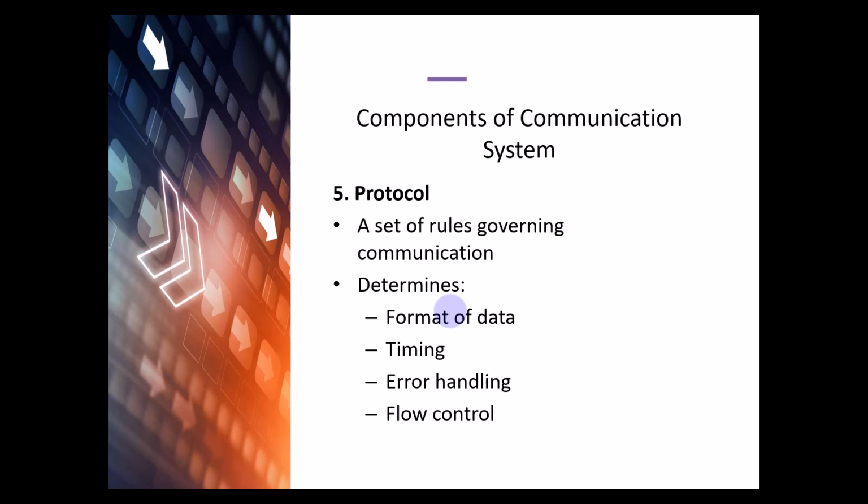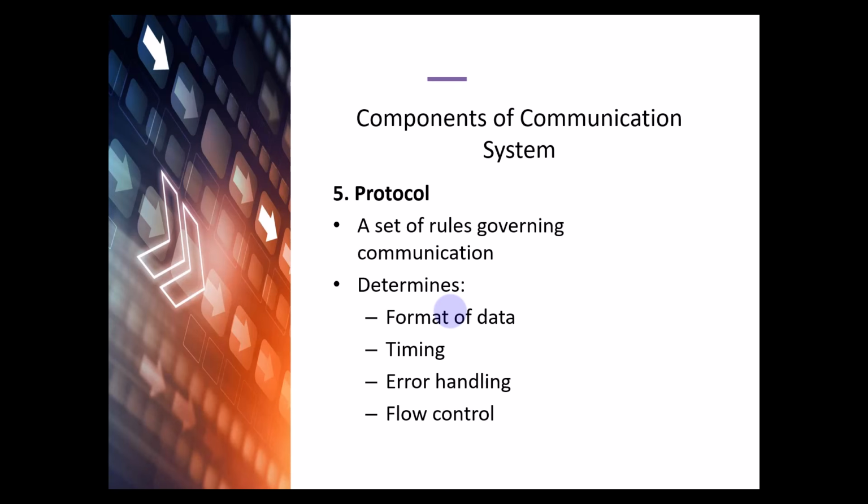For example, they have to agree on the format of the data. How should the data be formatted? The timing. When are we sending the data? Error handling. How do we handle errors in the data that we are sending in case there is error? How do we deal with that? And then flow control. How much of the data are we sending at a time? How much can the next device receive?